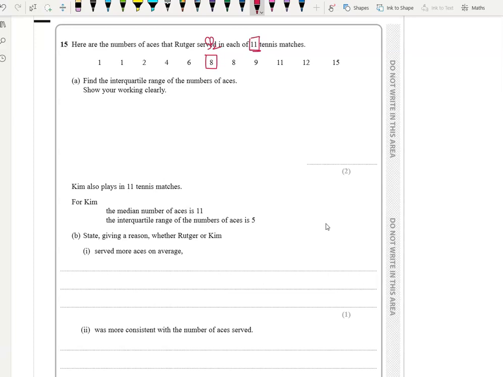The middle number of the first half, that is 2, is your lower quartile, Q1. Similarly 11, which is the middle value of the second half, is your Q3. To find the interquartile range, you subtract the lower quartile from the upper quartile. In this case it is 11 minus 2, so your interquartile range is 9.